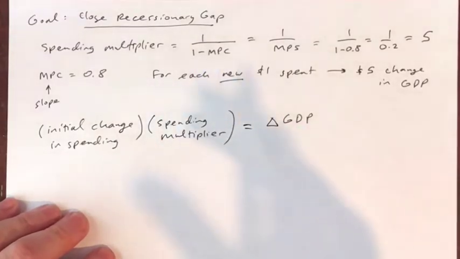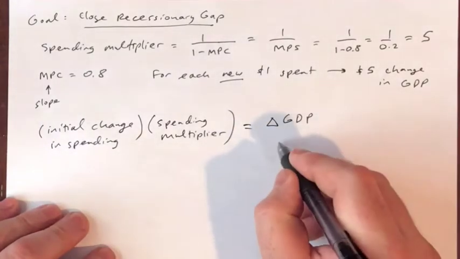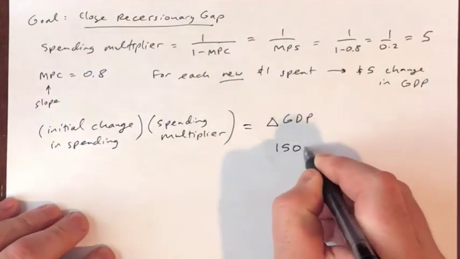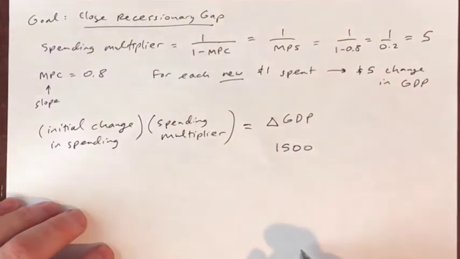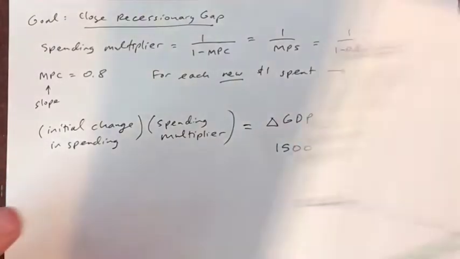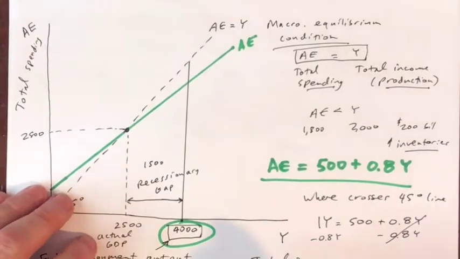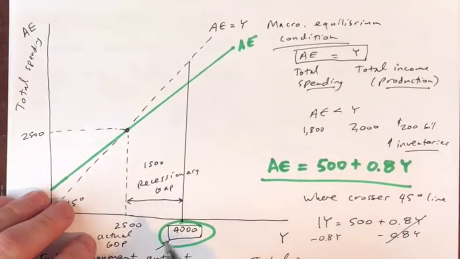When the economy is in recession, we've got a recessionary gap, so the amount of change that we need to see is 1,500. How do we know that? Well, that's the size of our recessionary gap, 1,500. So we're working backwards from that.